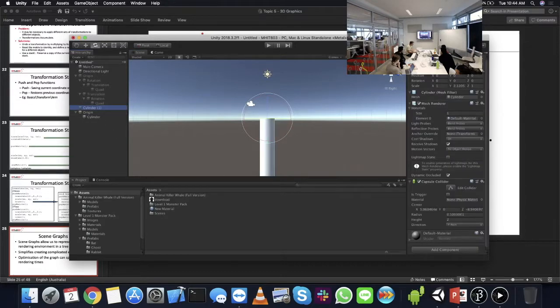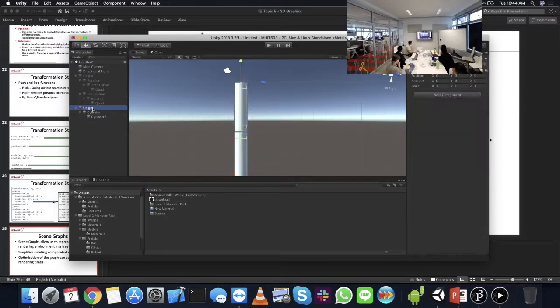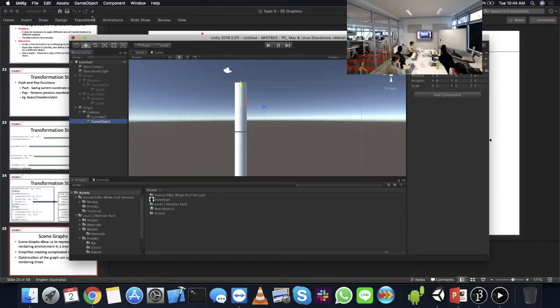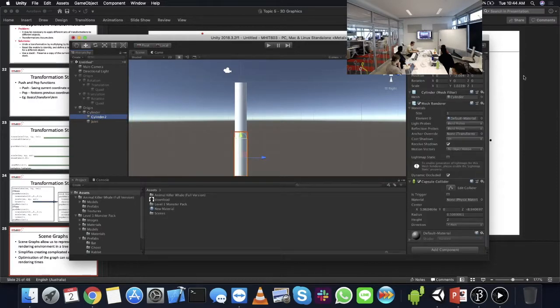And then what I can do is I can move cylinder, let's call it cylinder 2. Let's move that down so it is now at the bottom of that second joint. And if we make that a child, just trying to think, maybe I'll make a separate object called joint and we can rotate that instead.